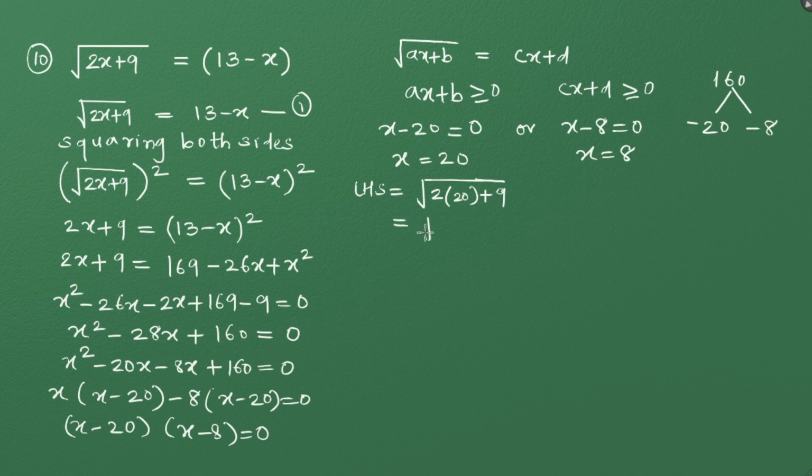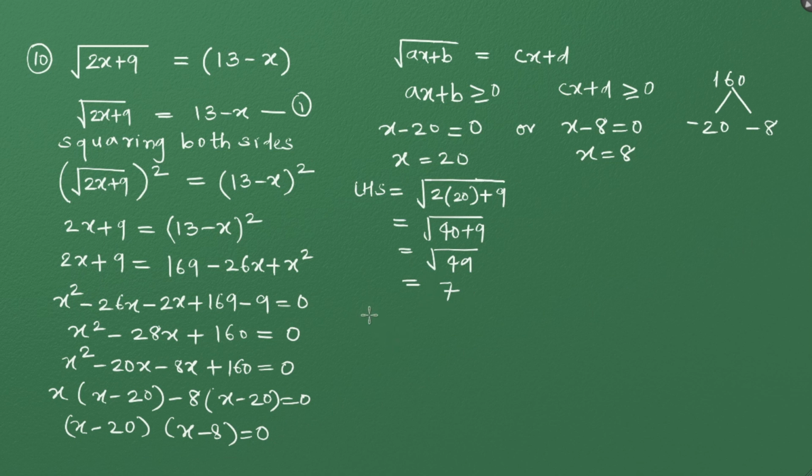This equals 40 plus 9, 49. Square root of 49 is 7. We are taking only the positive value of the square root. So left hand side equals 7.